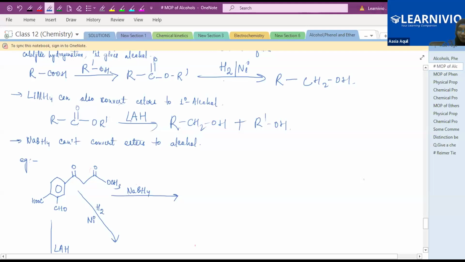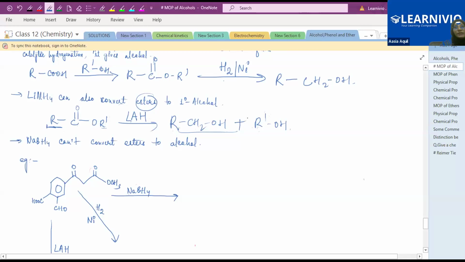Suppose we take the ester RCOOR', and when you use lithium aluminum hydride, the strongest reducing agent, it will convert this ester group to RCH2OH plus R'OH. The alkyl group will form the corresponding RCH2OH, and this R' will give you R'OH. So you will get a mixture of alcohols, and both are primary alcohols, but different, since R and R' are different alkyl groups.